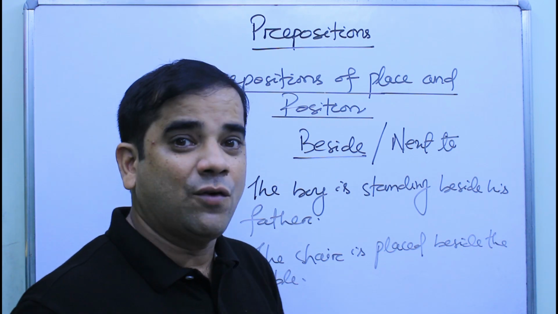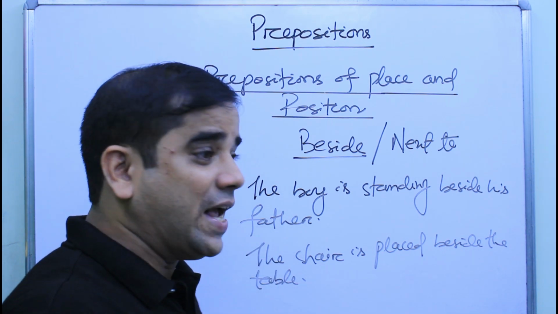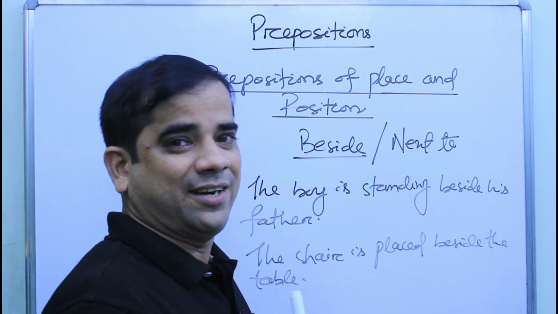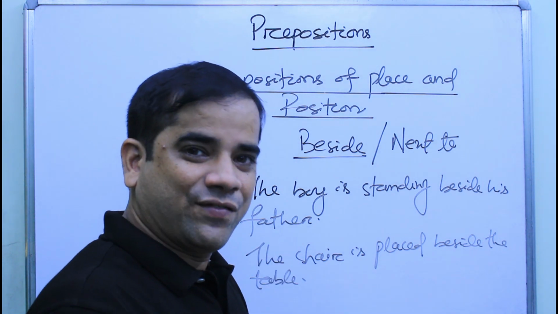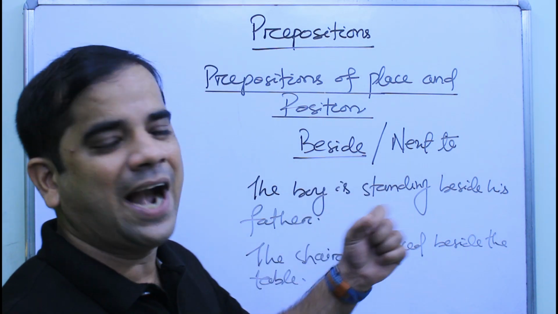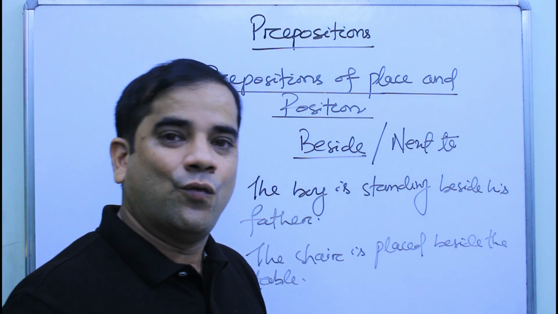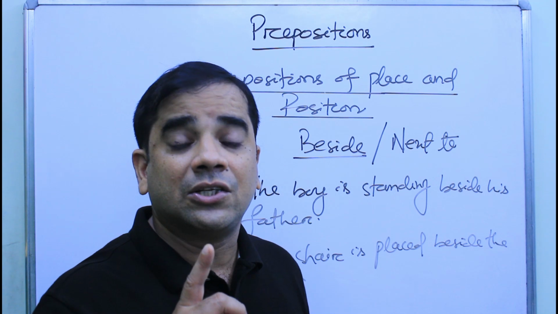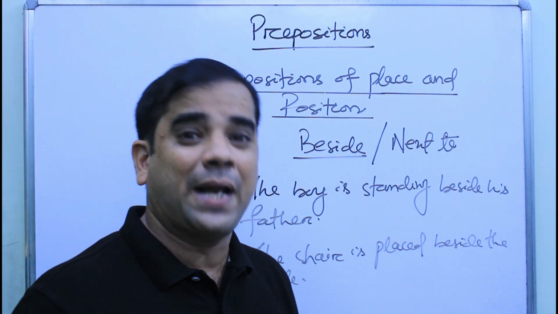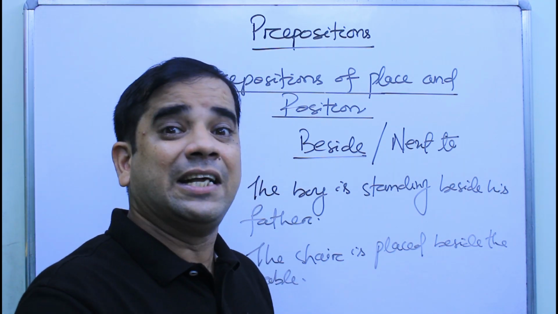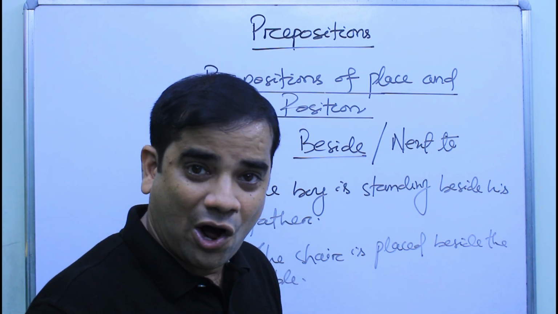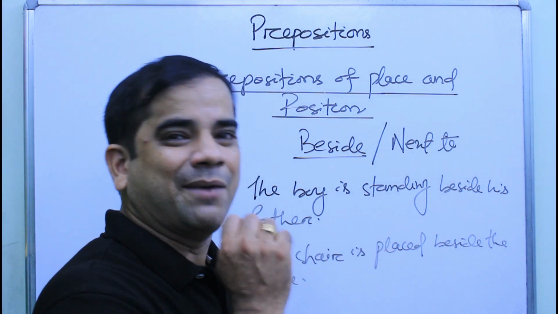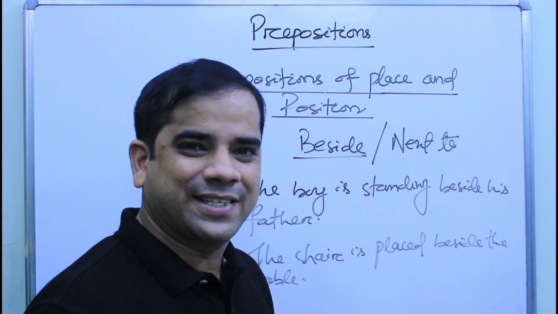That means when we go ahead, we will face the table first, then afterwards we have a chair. That is the difference between beside and next to. When you use next to, the noun that follows next to has the first position in the placement, and the other noun that is in relation with the first noun falls at the second place. Hope you understand.